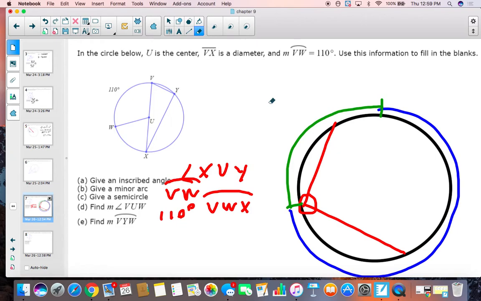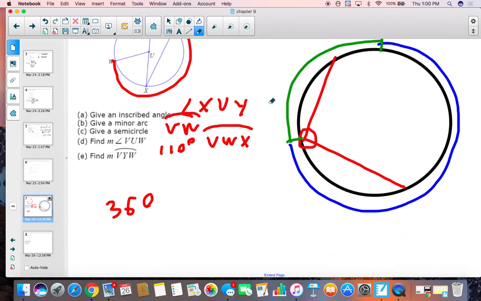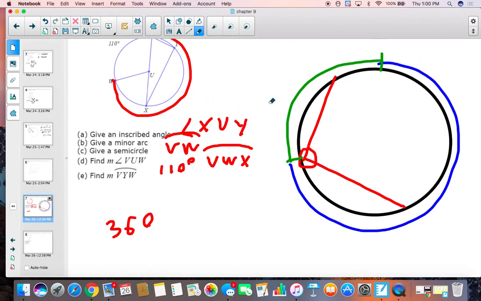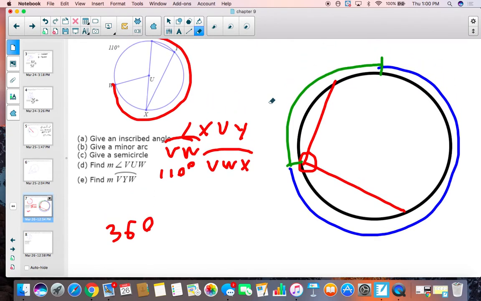Next, find VYW. So that means we want to find from here all the way to here. Well, let's think. How many total degrees are there in a circle? All around the circle adds up to 360 degrees. Well, what's the section that we know?